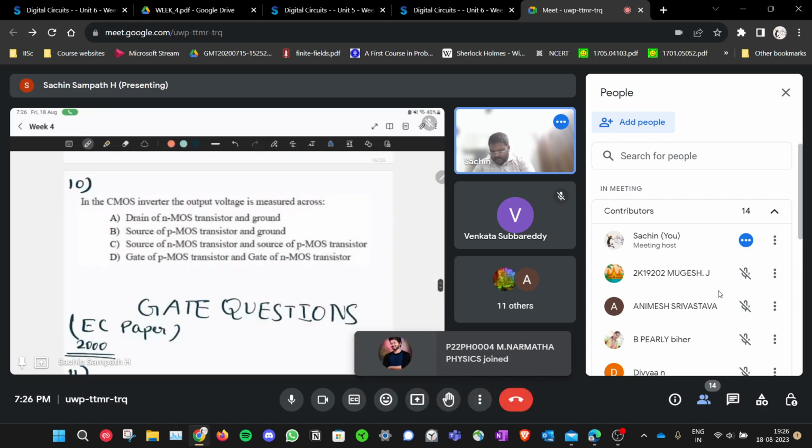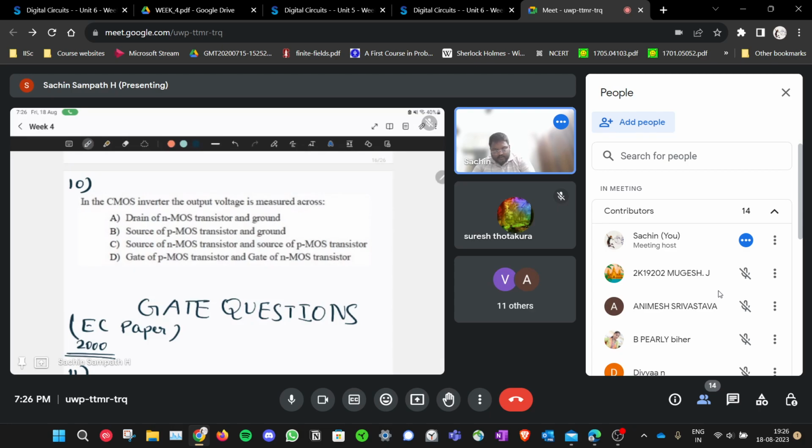Okay. The CMOS inverter, the output voltage is measured across... what is the answer? Does somebody else think there's a different answer?